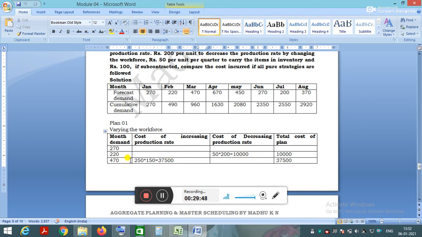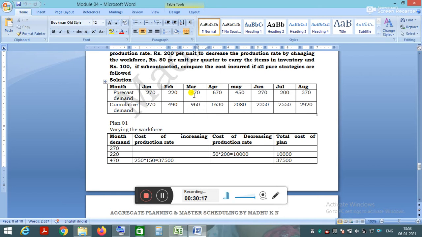For the month of March, the demand increased from 220 to 470. By varying the workforce, if this increase in demand is met, it costs 150 rupees extra per product. That is what is given.